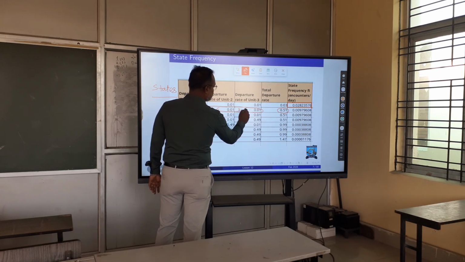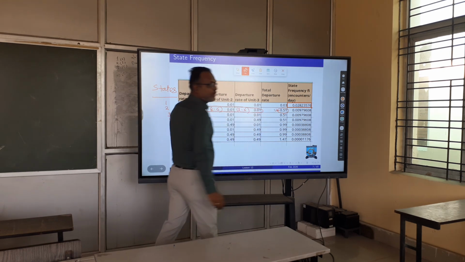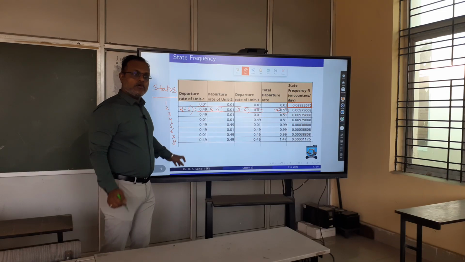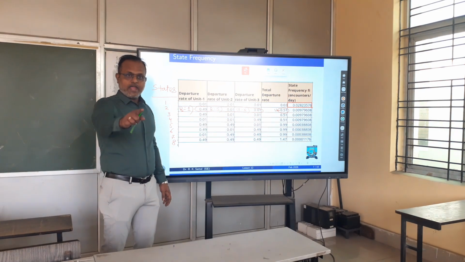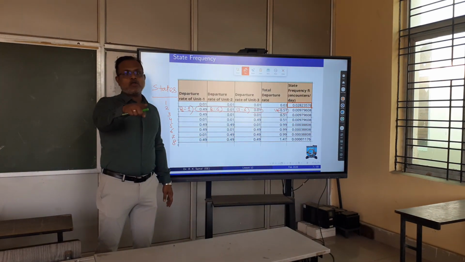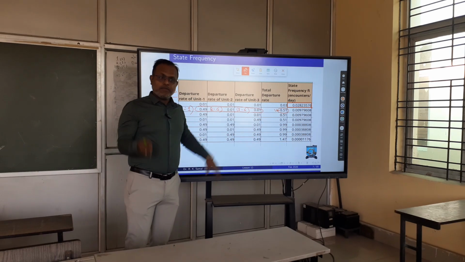If you make these 3 transitions, the total departure rate becomes 0.51. Your job is now to find this departure rate for all the 8 states, considering only single state transitions. Those who have drawn the diagram have made the arrows for single state transitions. So compute. This answer is given, but you compute yourself.